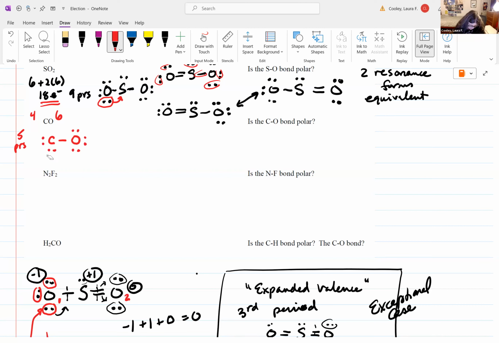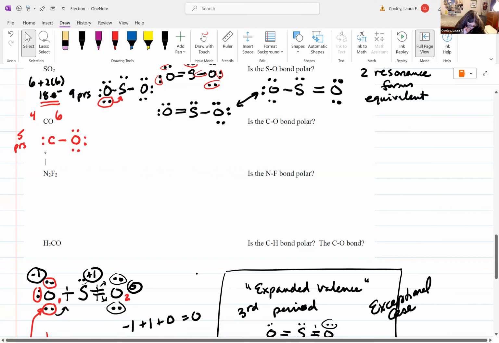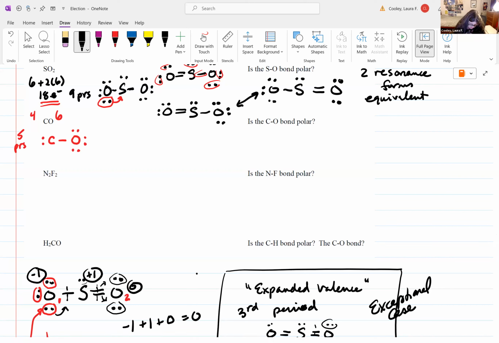Oh, 5, sorry, I made too many. Okay, so that's no good for the carbon, right? Because it doesn't have an octet. So we'll have to make a double bond. Then we get this. Are we done yet? Nope. Because we need to make another one because we still don't have an octet on the carbon.